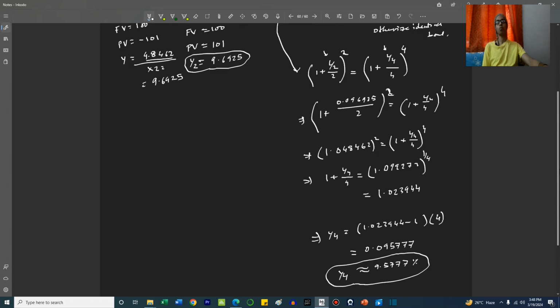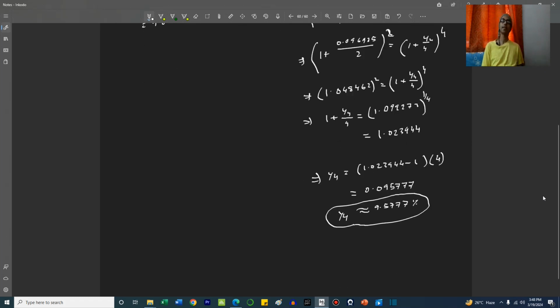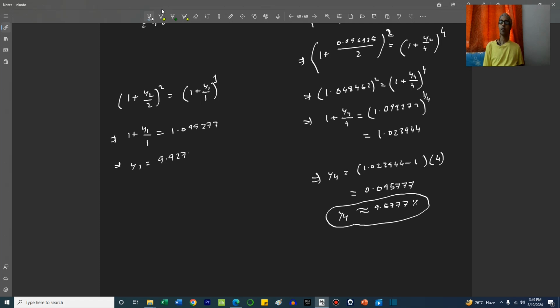Now we can also find out what is the annualized yield when the compounding is yearly. How do we do that? (1 + y2/2)^2 = (1 + y1/1)^1, implying we can take the value from here. 1 + y1/1 is equal to 1.099273, implying y1 is equal to 9.9273%.